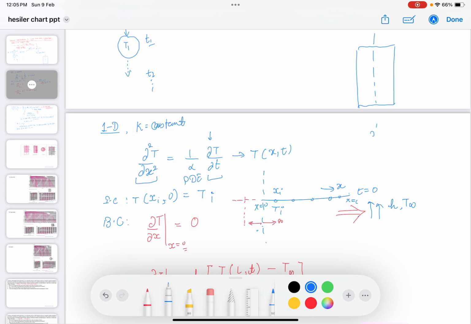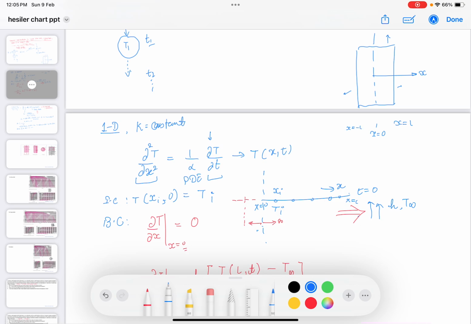So we are calling this x equal to 0, and we are considering only the one dimensional case. It means dimensions in all other coordinates, like in y as well as in z, are very large. And this is x equal to plus L, and this is x equal to minus L. So the total thickness is 2L.